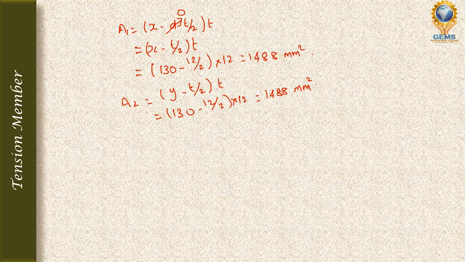So what is the K1 value here? 3 into 1488 divided by 3 into 1488 plus 1488. So we will get 0.75. So we know A1, A2 and K1. Then we will find the area of the net.